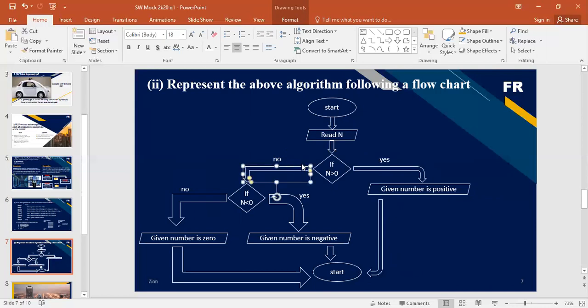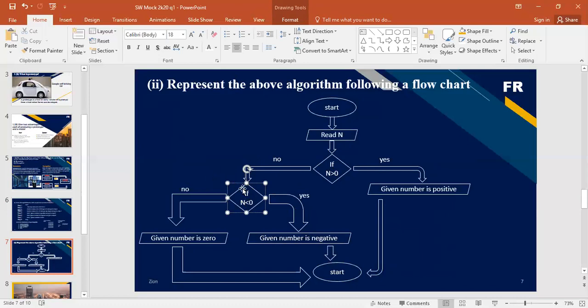Here is step 4. Step 4 is the no part of n is greater than 0, which is n is less than 0. Now here we have two conditions. If n is less than 0, true. Given number is negative, it ends. Because if n is less than 0, it means it's a negative number. The algorithm will print given number is negative, it ends.